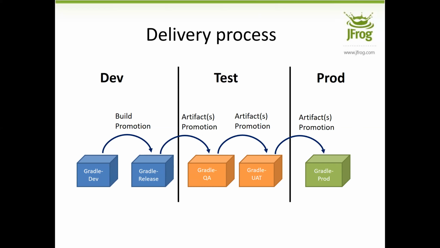In dev, you will have two repositories, dev and release, in test, QA and UAT, and finally production. To represent your binary lifecycle, we will use promotion. Promotion will be to copy your artifact or your build from a repo to another. That being said, let's jump to our demo.